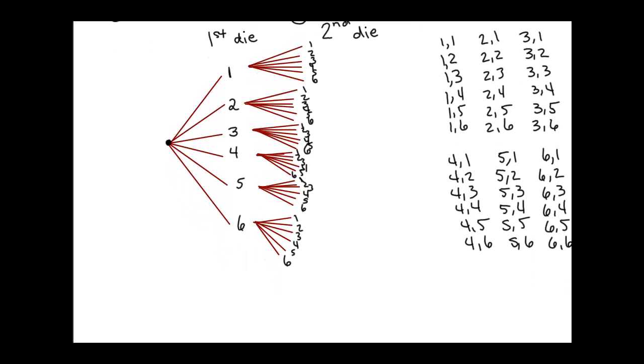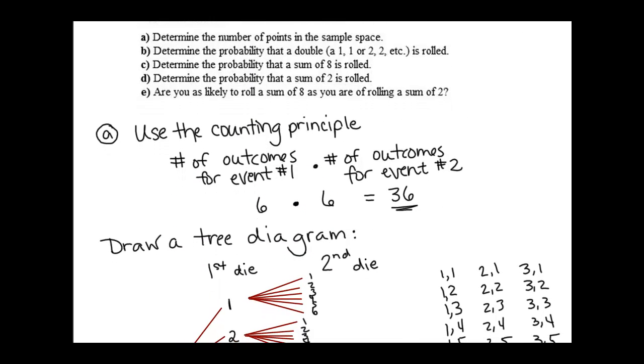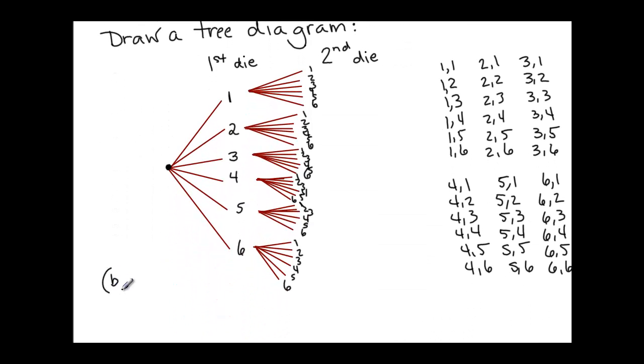So now let's use this tree diagram and answer the rest of our parts to this question. So part B said, determine the probability that a double is rolled. So as we look through, this will be our part B, the probability of a double being rolled, that would be here, here, 3,3, 4,4, 5,5, and 6,6.